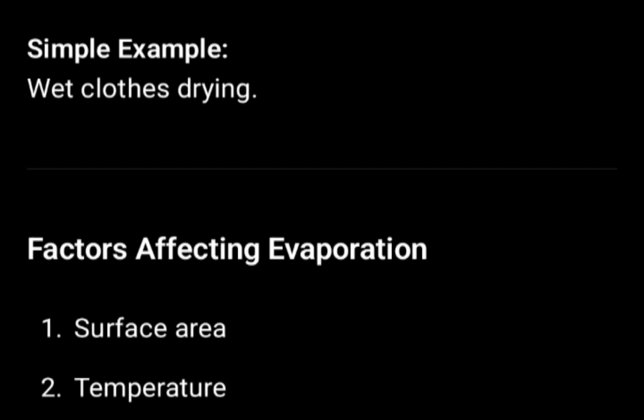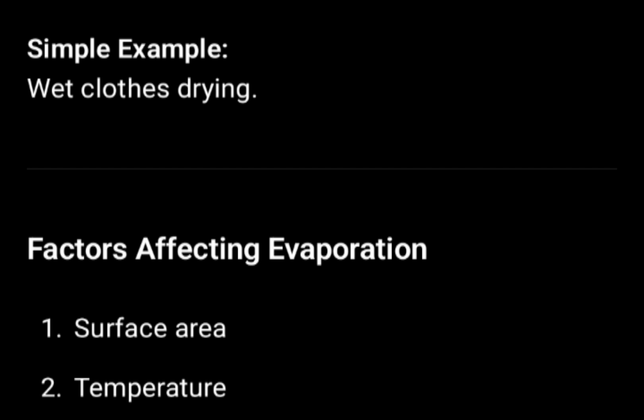What is happening is evaporation is a change of liquid into vapor. Liquid is getting converted into gas. From your wet clothes, the liquid is moving and converting into gas, and it's moving to the atmosphere at any temperature. Temperature is never a matter here.